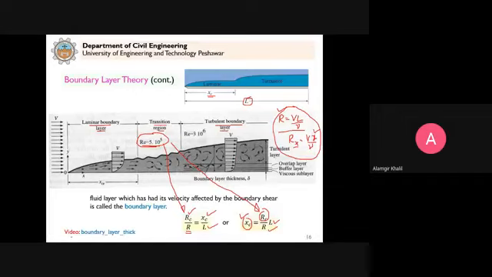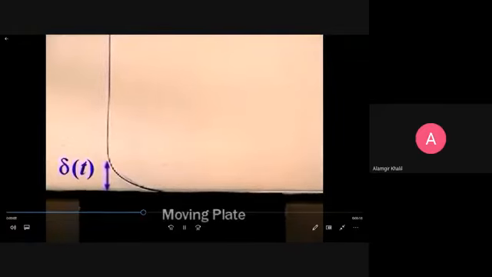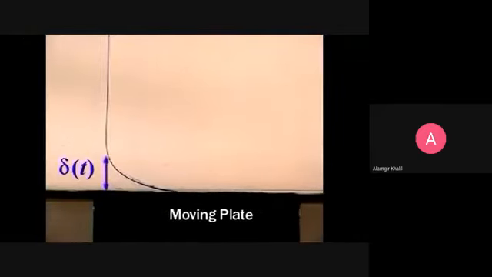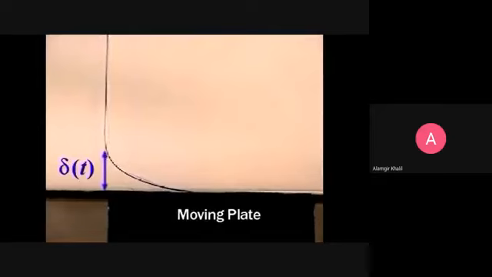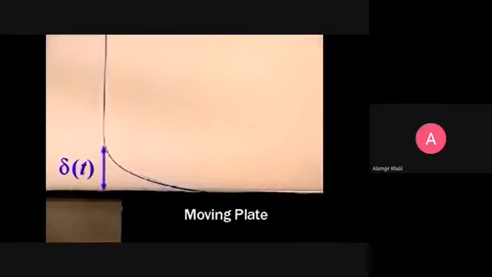Clear? So you can see here the thickness of boundary layer. Now we have a moving plate. You can see a plate is moving at the bottom, and you see the boundary layer that develops and increases in thickness, and this delta we are interested to calculate.